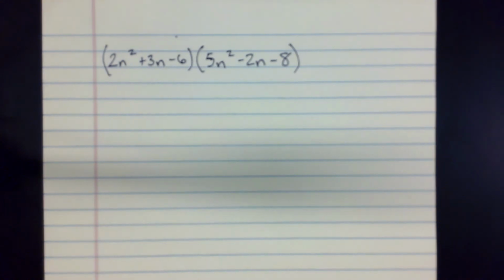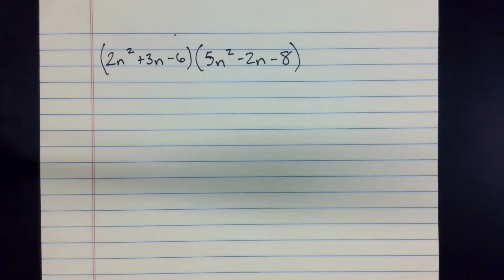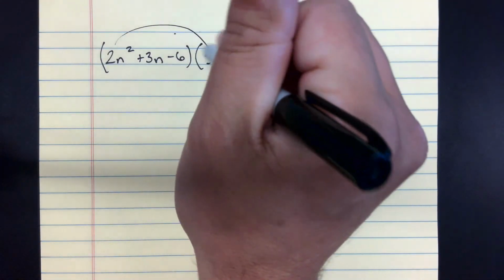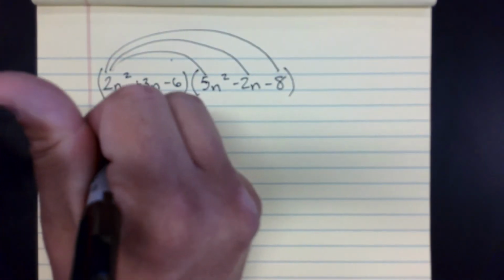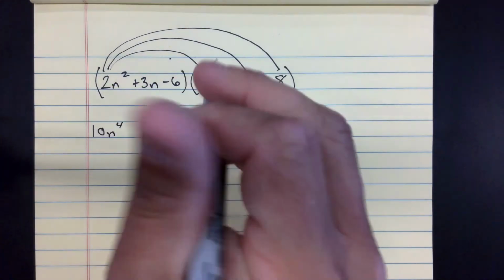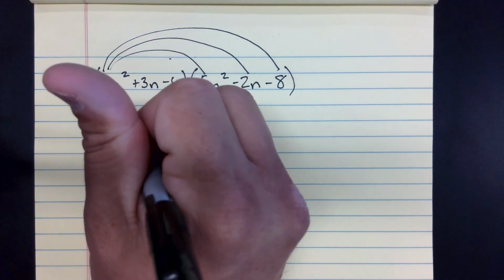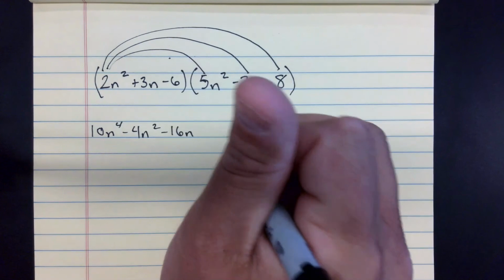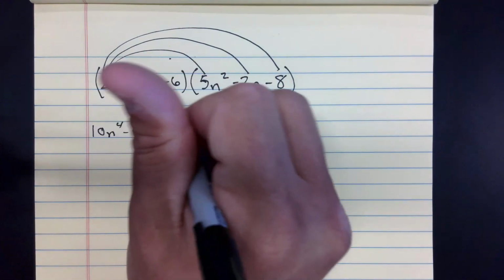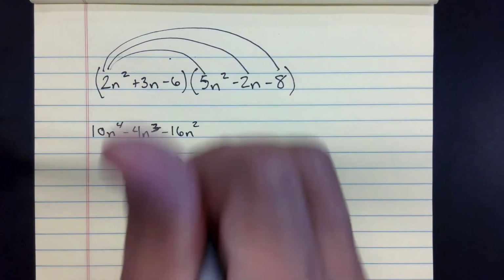Okay, you guys ready? So, who thinks they know how to do it? Derek? What do you think we're going to do? Okay, so let's take the 2n squared to all three numbers. That's going to give us 10n to the 4th minus 4n cubed minus 16n squared.